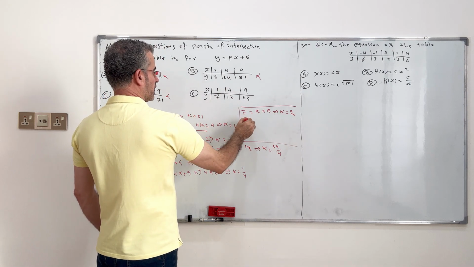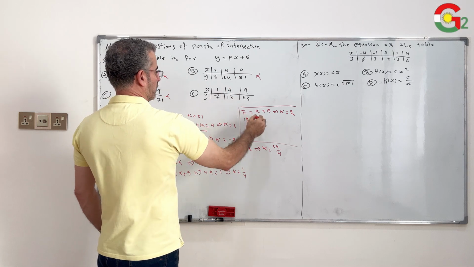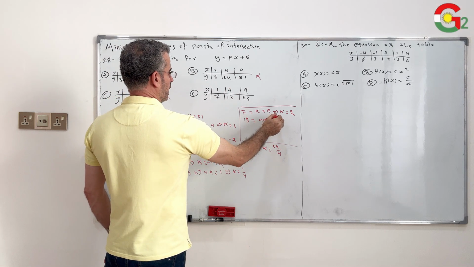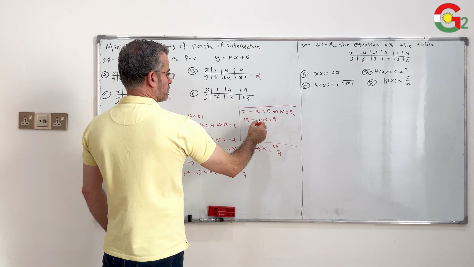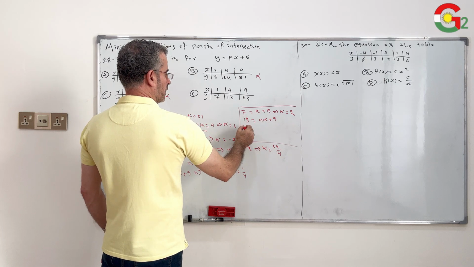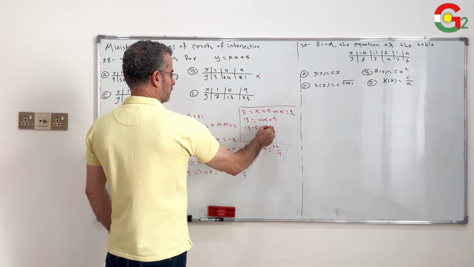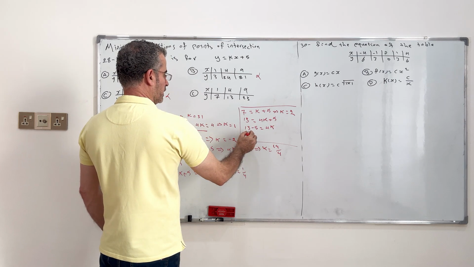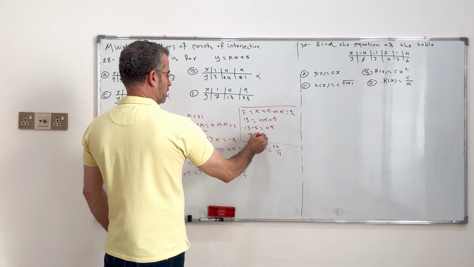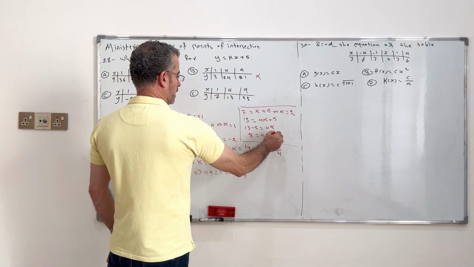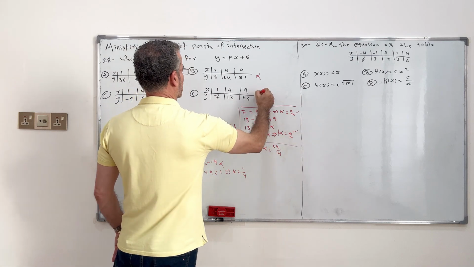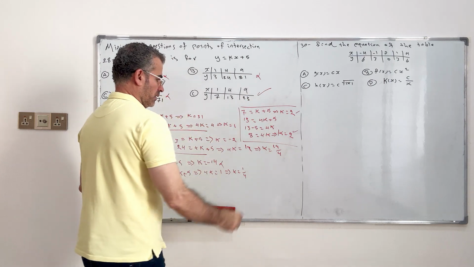When y is 13, 4k plus 5, this will give me 13 minus 5 equal to 4k. 13 minus 5 is 8. Then k equals 2. It is the right choice.